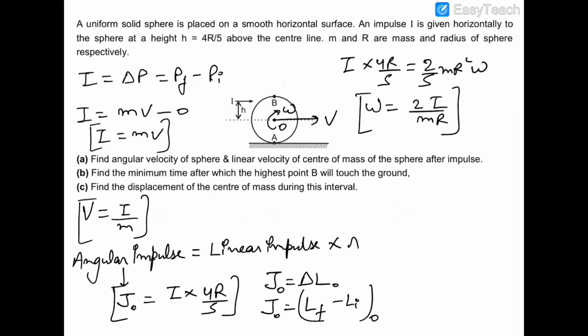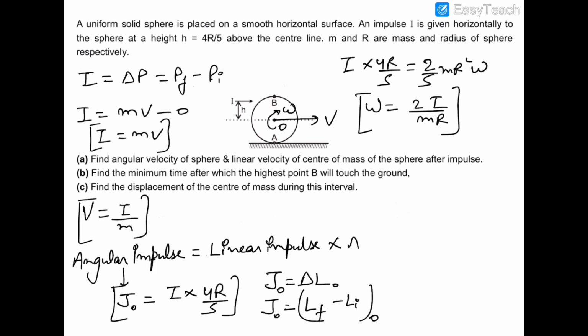Okay, now we have to find out the minimum time after which the highest point will touch the ground. So you can see that the highest point will touch the ground in the time when this solid sphere will rotate by an angle of pi.